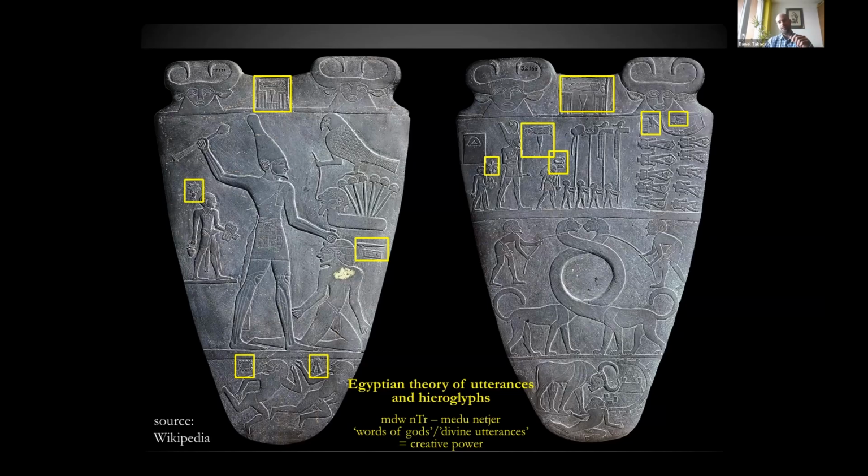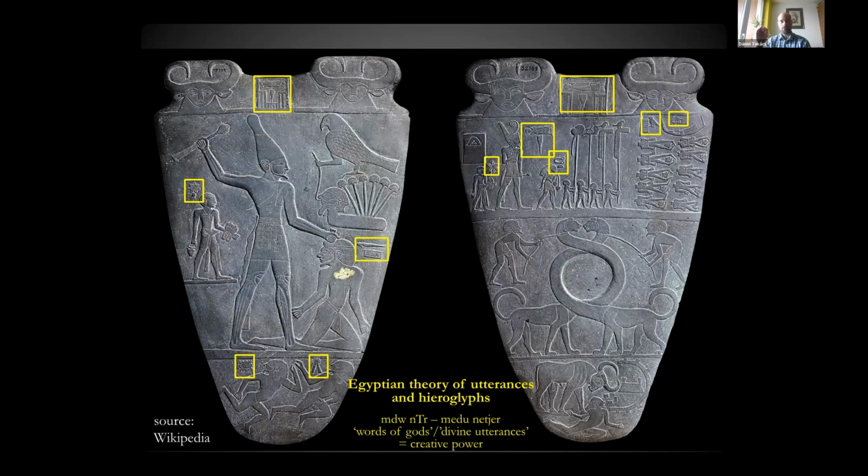And that is a different thing. Linguistic notation signalizes the presence of language, and it does so for a rather different purpose than recording information, though of course that is part and parcel of the business as well. And this is underlined by the ancient Egyptian theory of utterances, which are always connected to some divine creative powers.